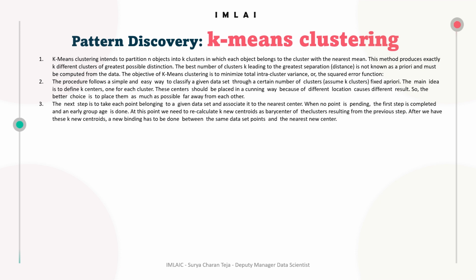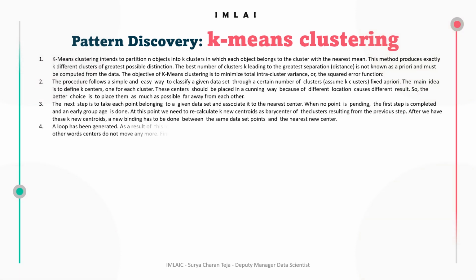After we have these k new centroids, a new binding has to be done between the same data set points and the nearest new center. So a loop has been generated. As a result of this loop, we may notice that the k centers change their location step by step until no more changes are done, or in other words, the centers do not move anymore.